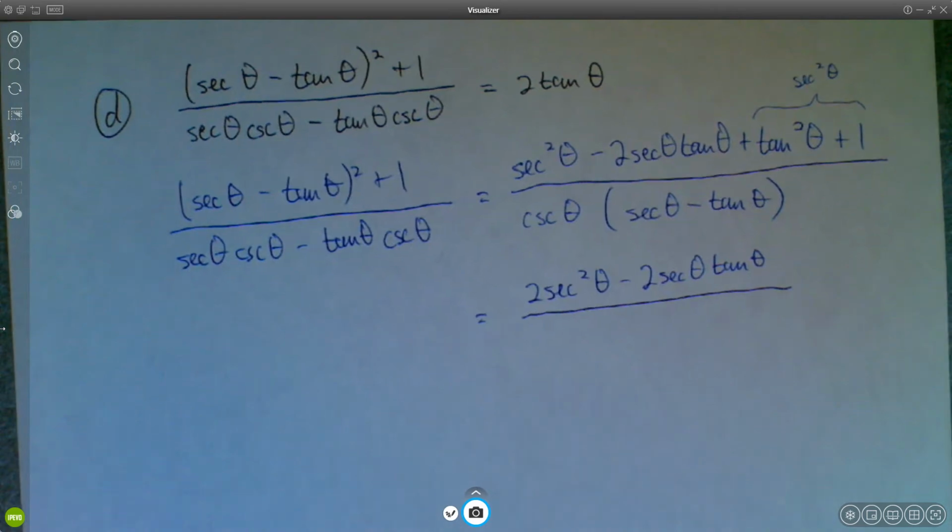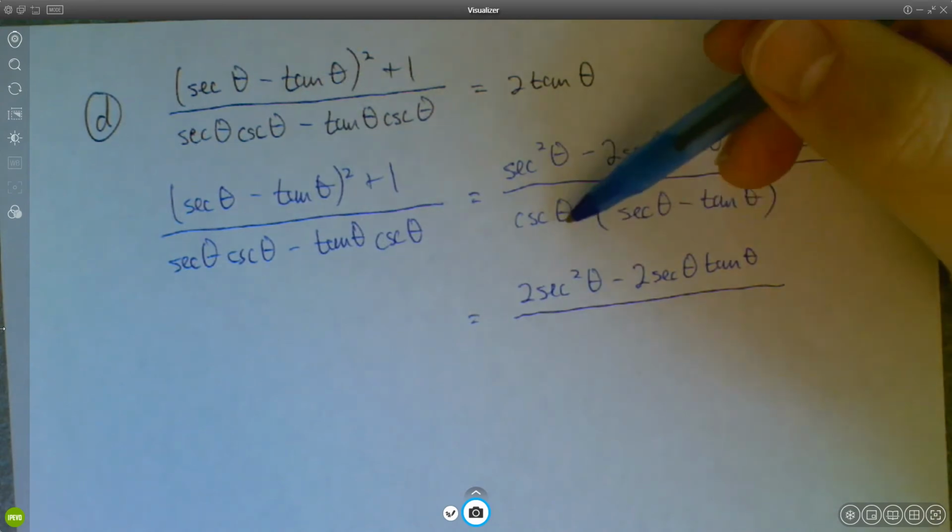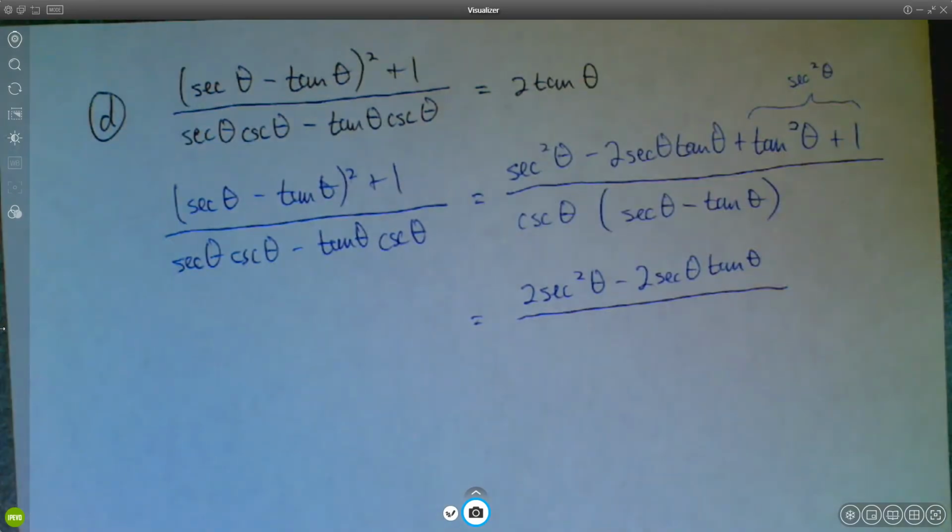What about that denominator? I'm not sure what to do with that yet. I know I can factor out a 2 secant theta. That might do something nice with this cosecant out there. Yeah, okay.